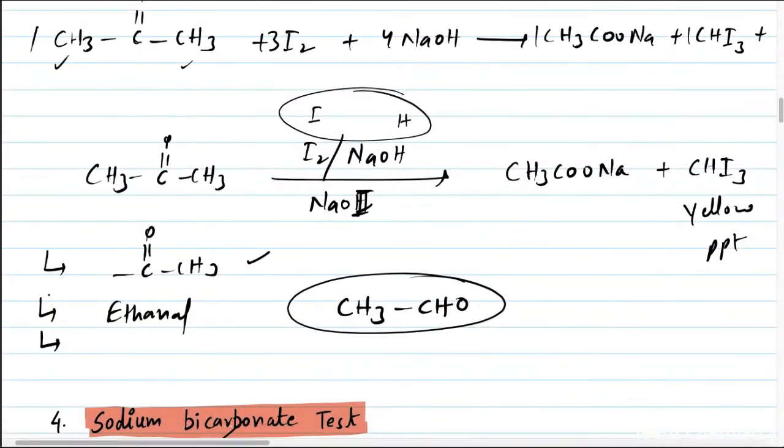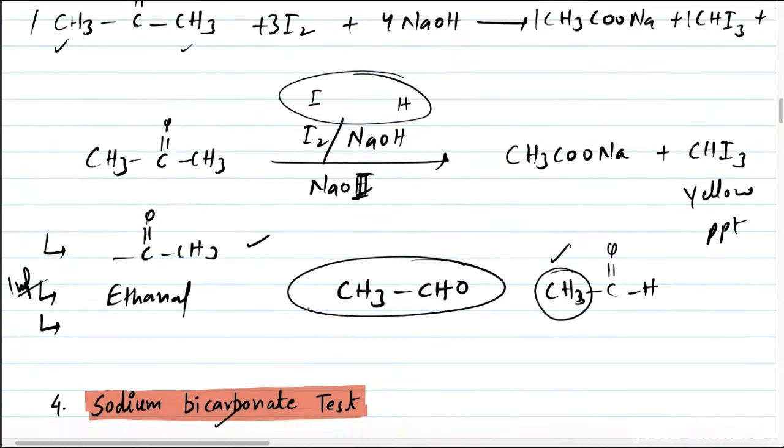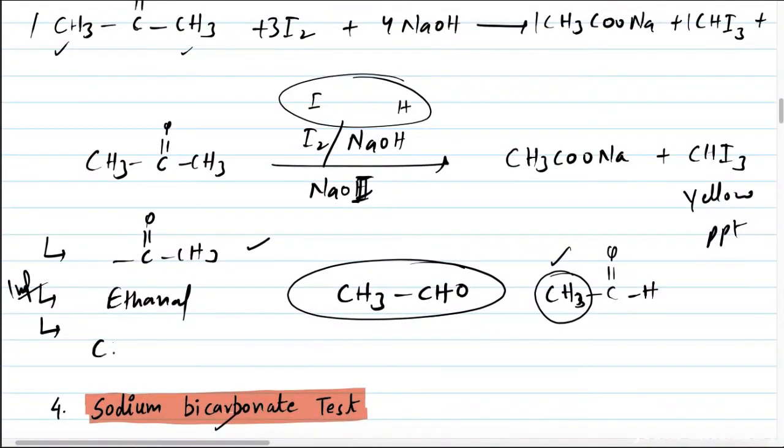This is very important, again very important, because a single carbon on either side of C double bond O confirms the iodoform test. One more, ethanol also confirms this test. So these 2 points are very important for this.